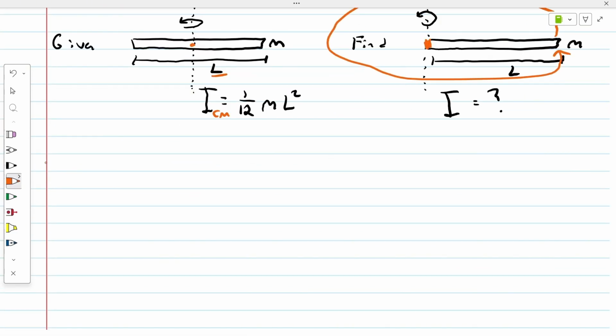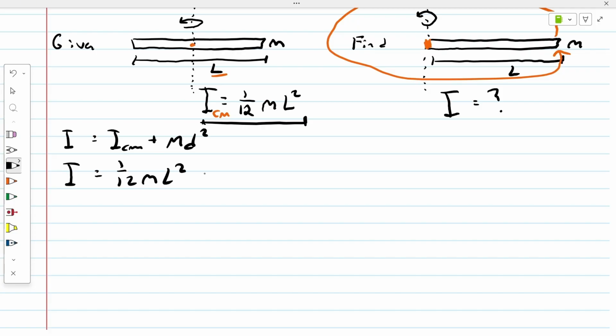Okay, so we know that this I that we want to find equals the I center of mass plus this md squared. Okay, so what do these equal? Right, so we know I center of mass, this is the given center of mass that they gave us. So it's 1/12 ml squared.